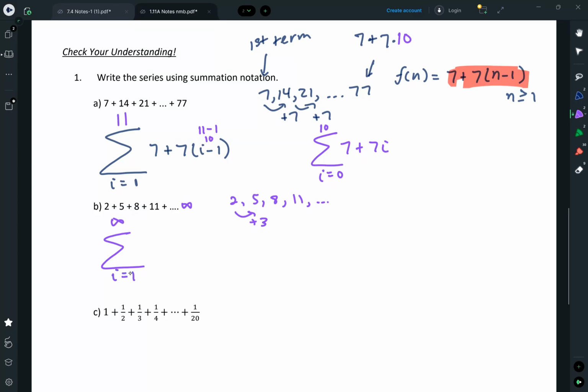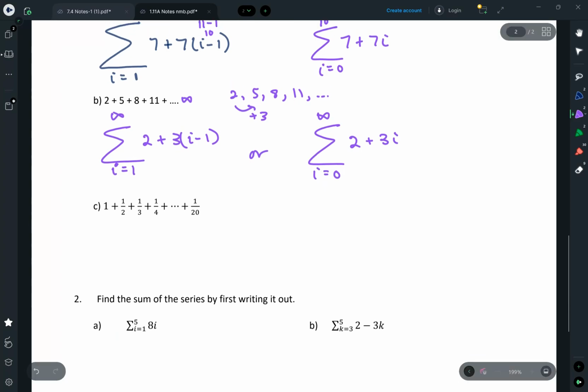So if I start with i equals 1, then I'm starting with 2 plus, I'm adding 3 every single time, and I'm adding it i minus 1 times. Or if I started with i equals 0, I would still be ending at infinity, but I would be adding 2 plus 3i over and over and over again.